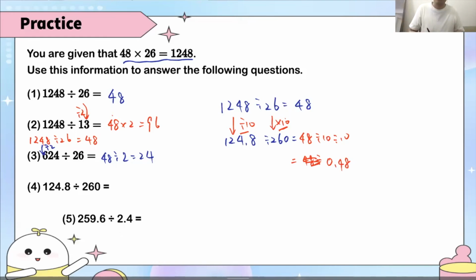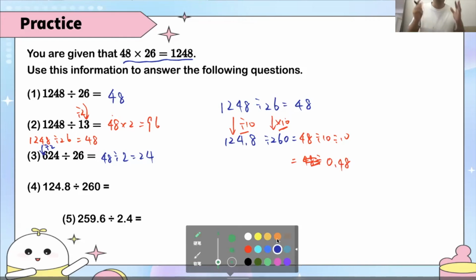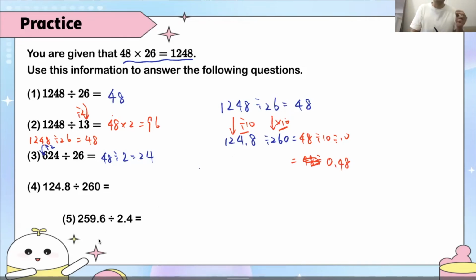Okay, I will write down the original equation. And this time, we don't use this division. I will use another division because there is 2.4. We know 24 times 2, that is 48. So I guess it may have some connections.